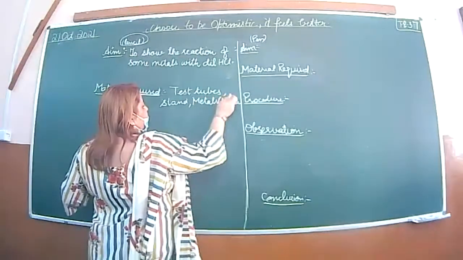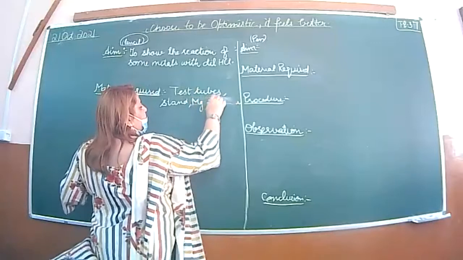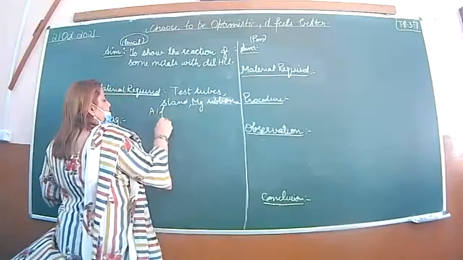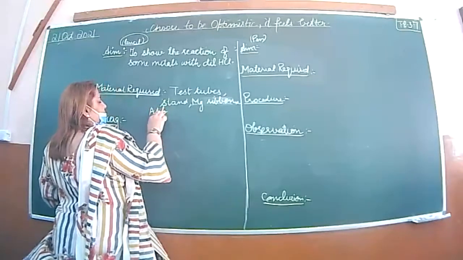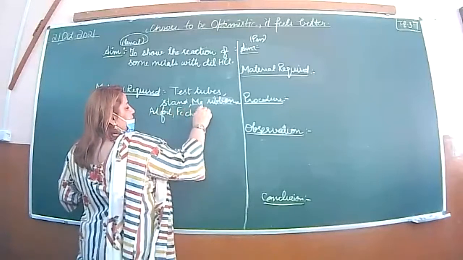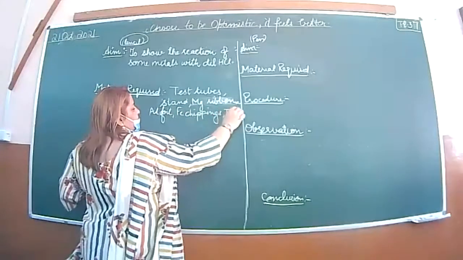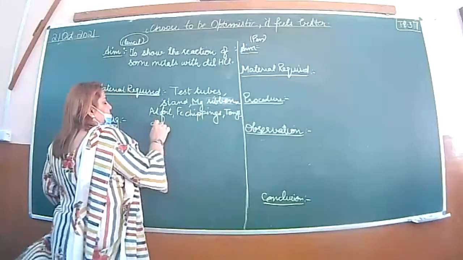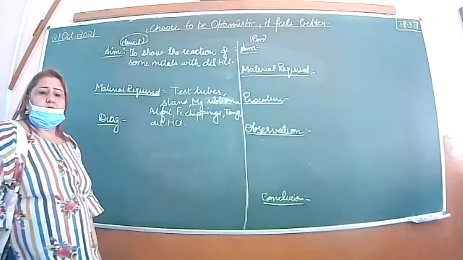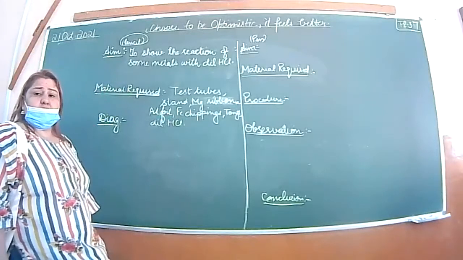You can write magnesium ribbon, aluminium foil, iron chippings I am taking, tongs, dilute HCl. This we have to write down in the material. Is it clear? Right? Now what is the procedure?